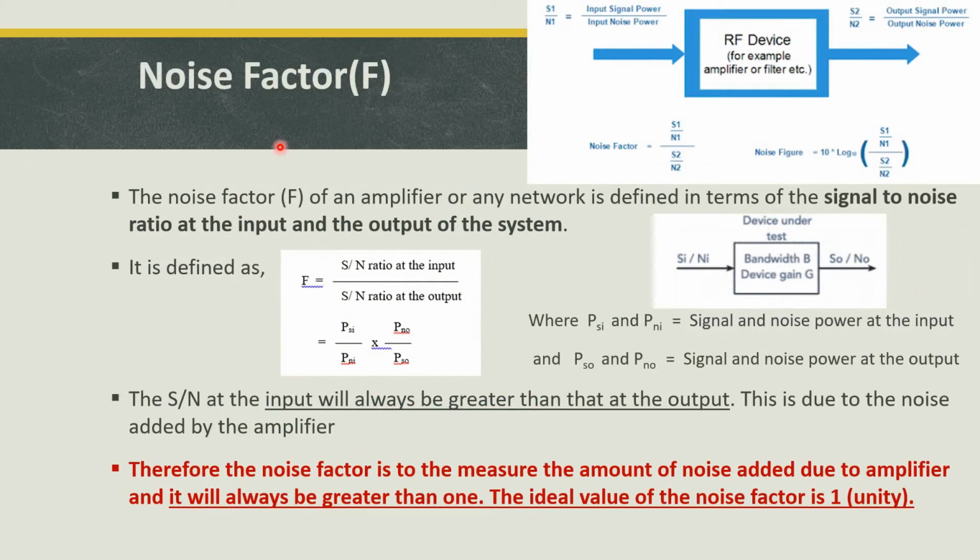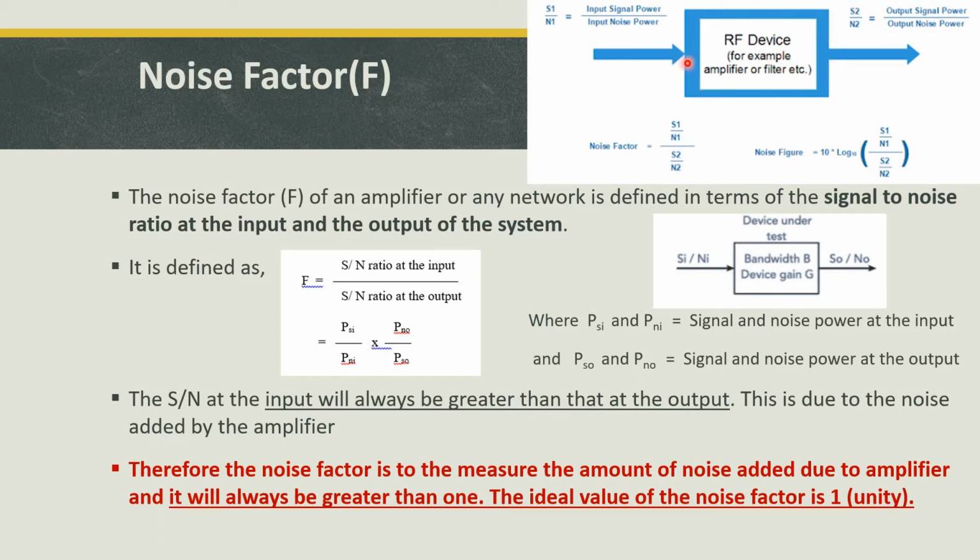Then noise factor. The noise factor of an amplifier or any network is defined in terms of the input signal to noise ratio and the output signal to noise ratio. By using this factor, we are able to calculate the noise introduced because of the amplifier alone.